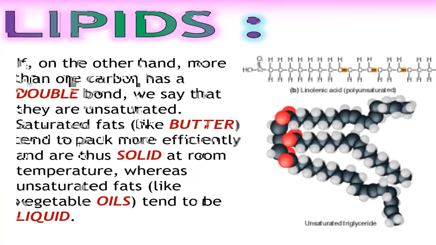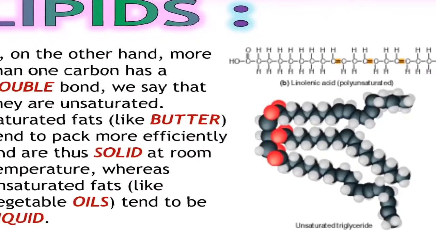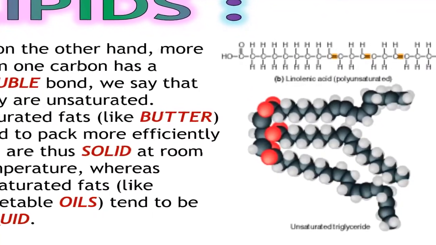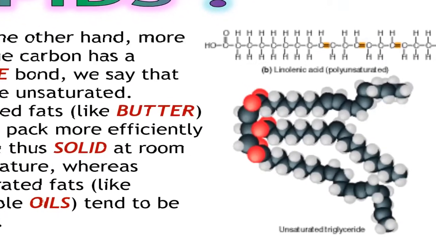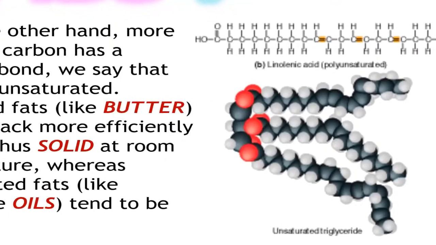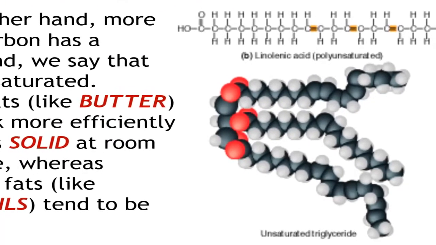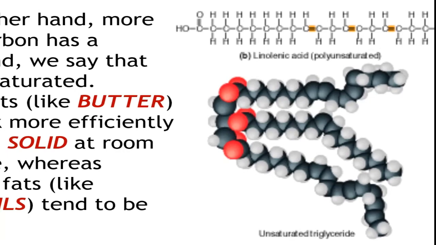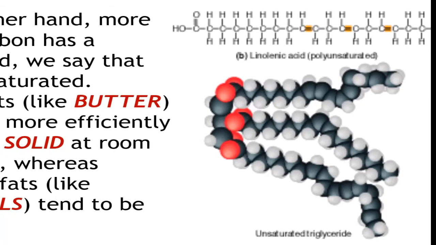They'll tend to stay solid at room temperature because their chains stay straight. Whereas unsaturated fats, like vegetable oils, that have these extra double bonds, their chains won't stay straight because the forces aren't even, and because they won't stay straight, they'll spread out, which means at room temperature they tend to get warmer faster, they spread out, and instead of being a solid, they become a liquid.